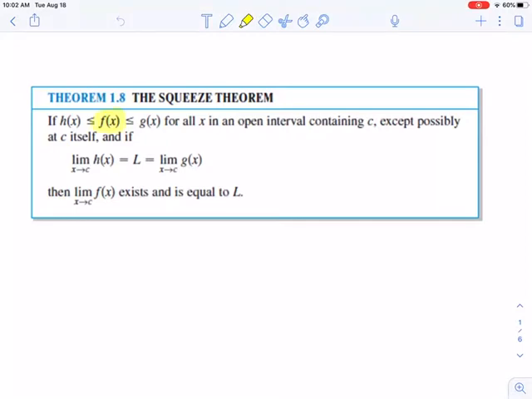So first of all, we have three functions. f of x is going to be squeezed or sandwiched in the middle of two functions, h of x and g of x. So we have a sandwich where f of x is in between h and g for an entire interval.